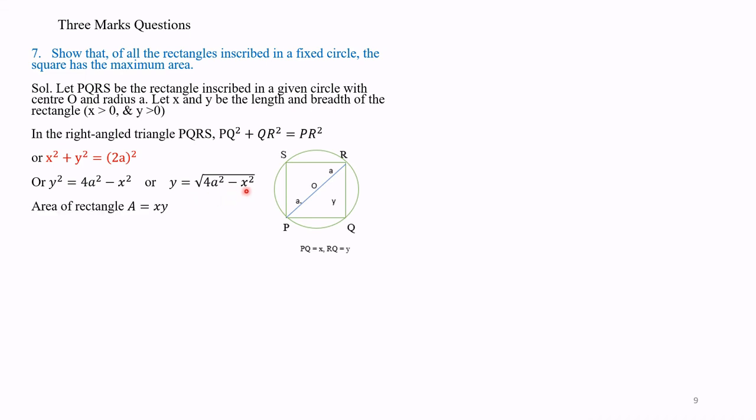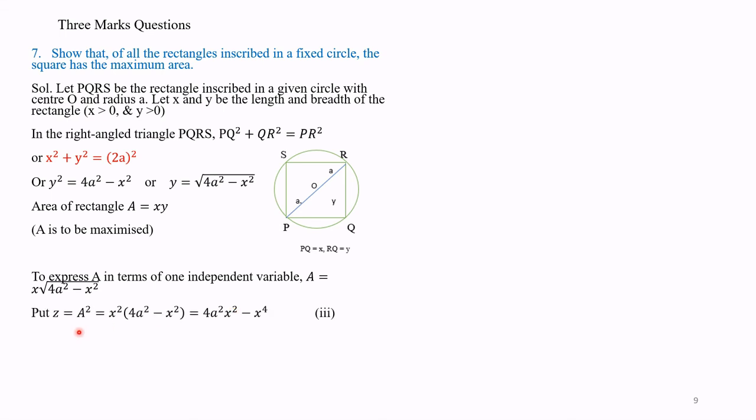Therefore, the area of the rectangle, not triangle, is given by A is equal to x into y. Therefore, A is to be maximum. So, to express A in terms of one independent variable, put A is equal to x into the square root of 4a squared minus x squared.